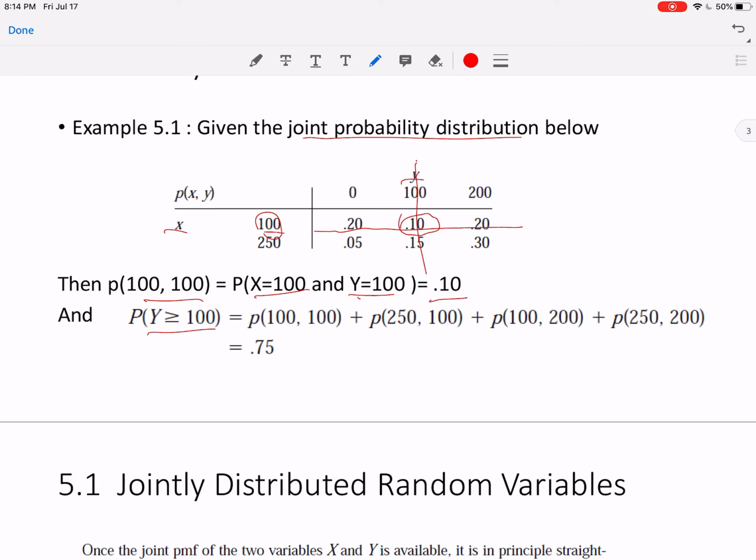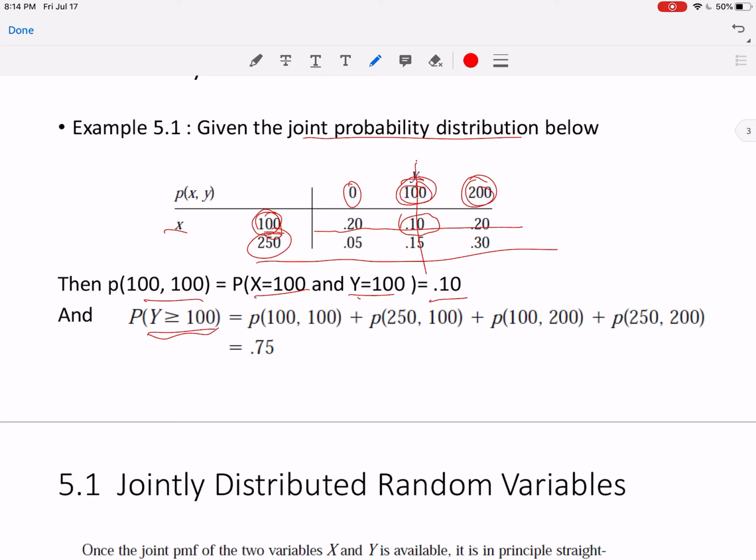Now let's take a look at the joint probability distribution here. We can tell the possible values for y are 0, 100, and 200, right? And the possible values for x are 100 and 250. Now we want to guarantee y is greater than or equal to 100, which means y could be either 100 or 200, because only those two values will guarantee this inequality, and we don't have to worry about the value of x.